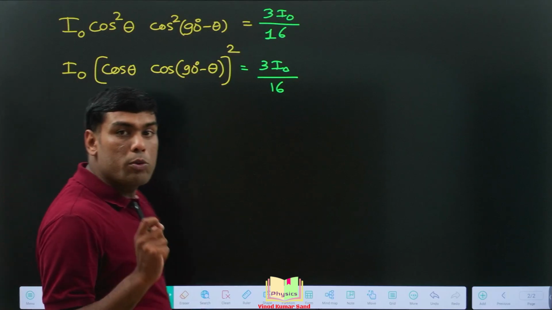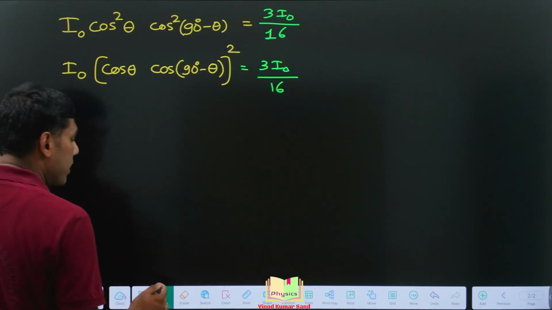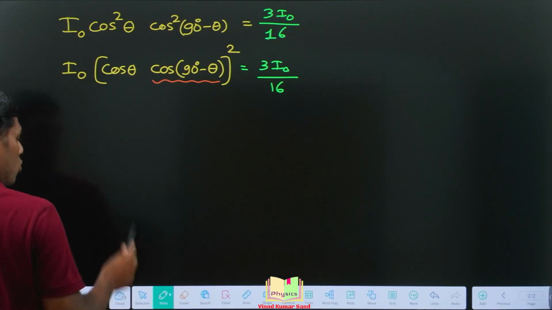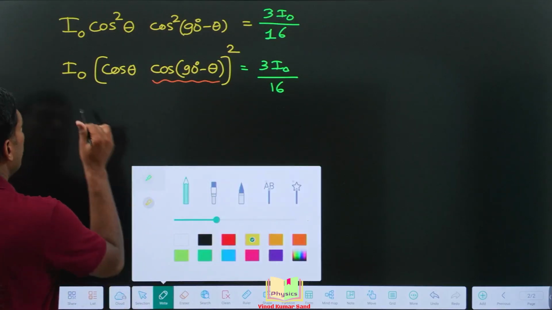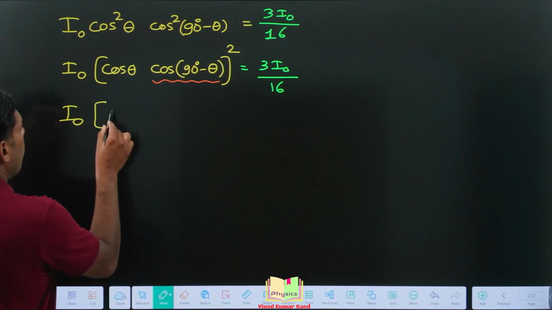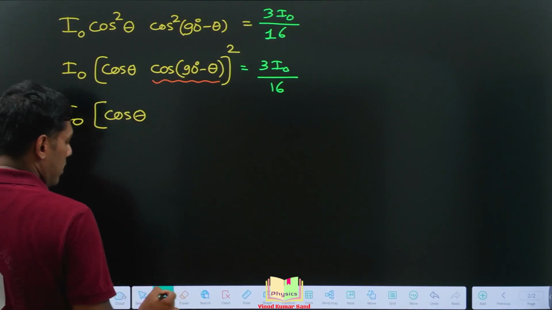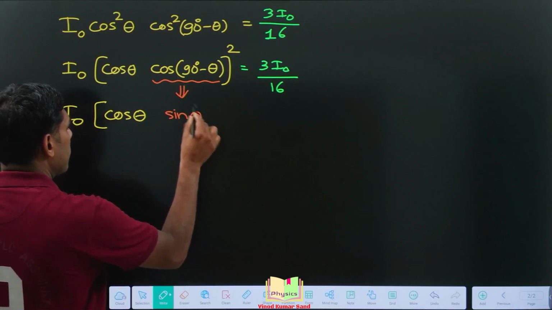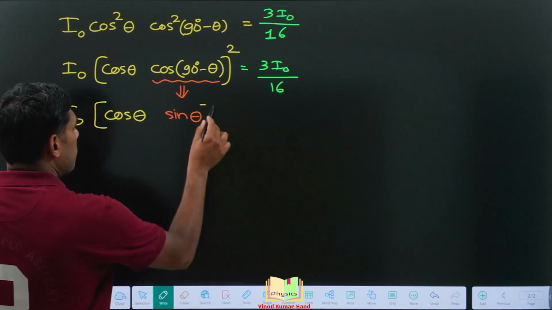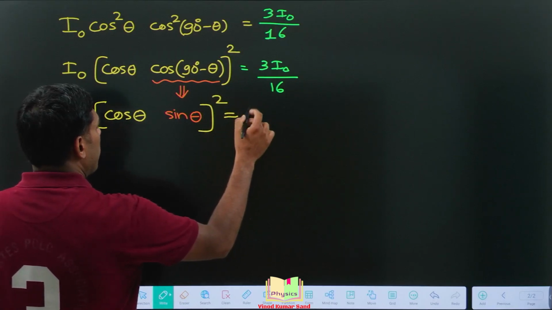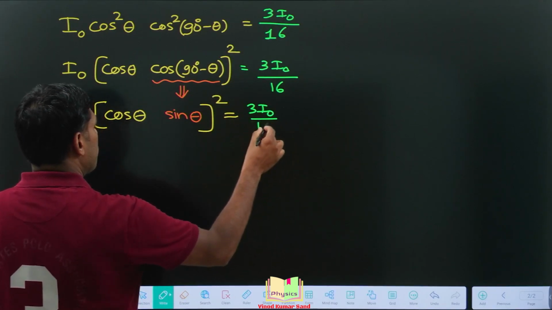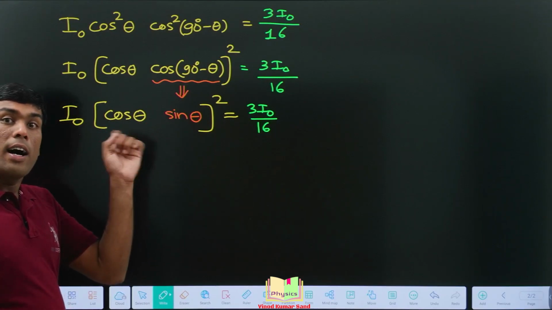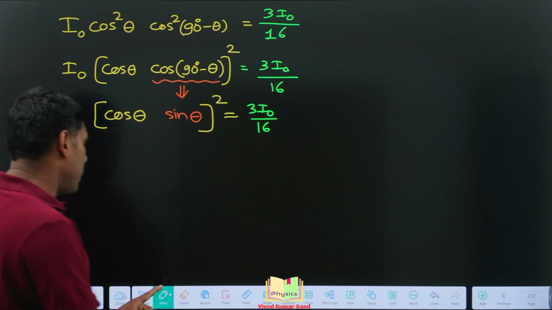We know one thing from trigonometry, cos 90° minus theta can be written as sin theta. So replacing the terms again here, I naught cos theta kept at its place, and here we write sin theta, whole square, is equal to 3 I naught by 16. Now, cos theta sin theta again from trigonometry can be rewritten.